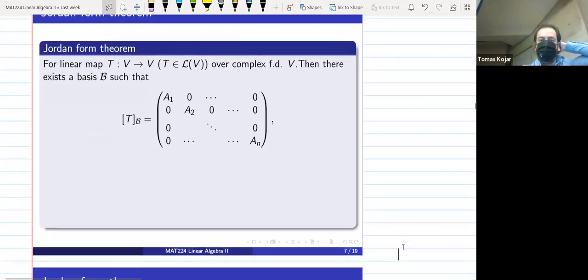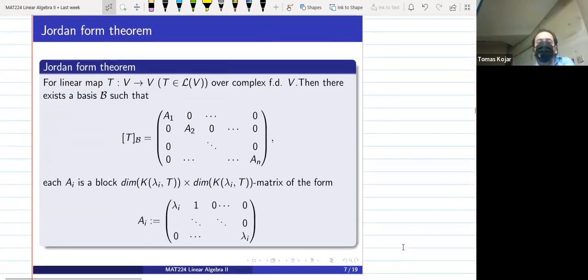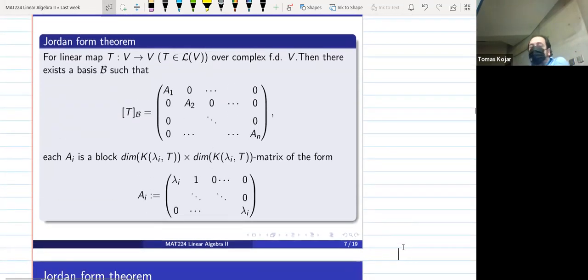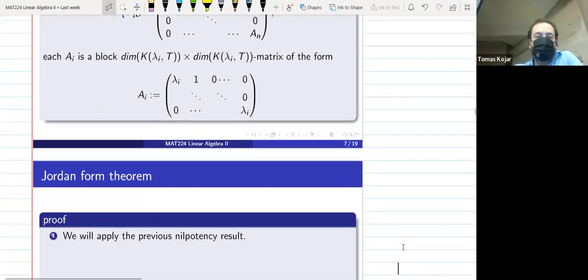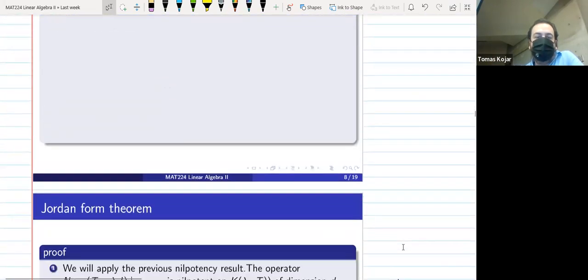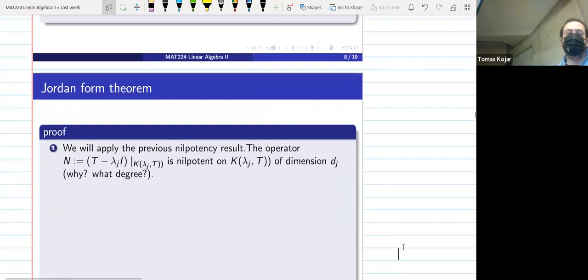Jordan form looks almost identical, with the main difference that instead of zeros, you have eigenvalues along the diagonal. So let's go. You study this operator, T minus lambda_j I, and this is nilpotent.